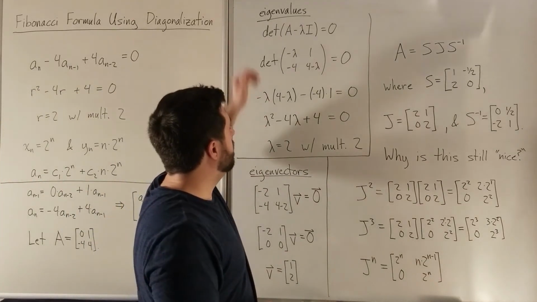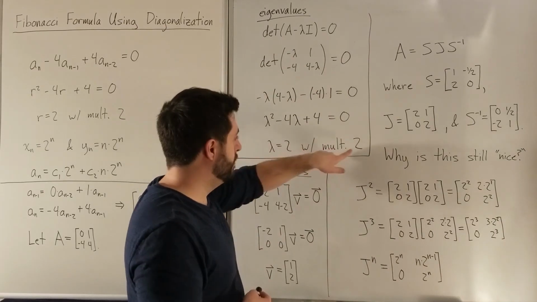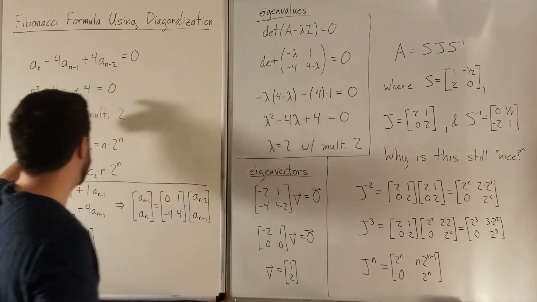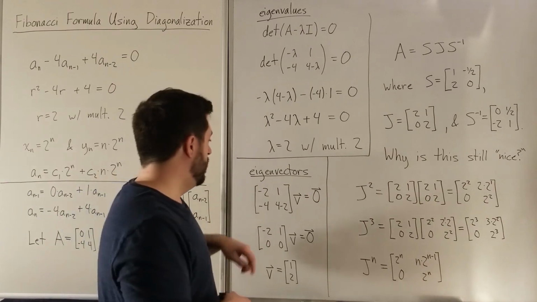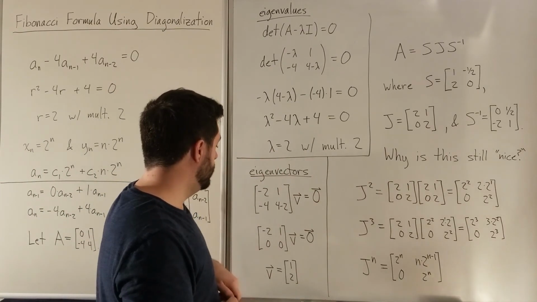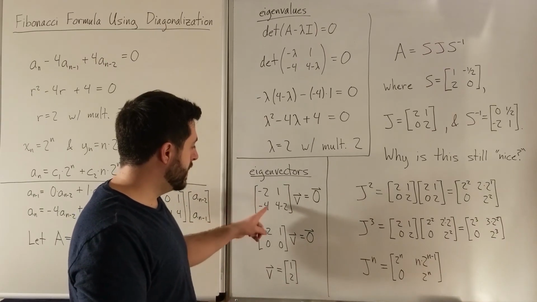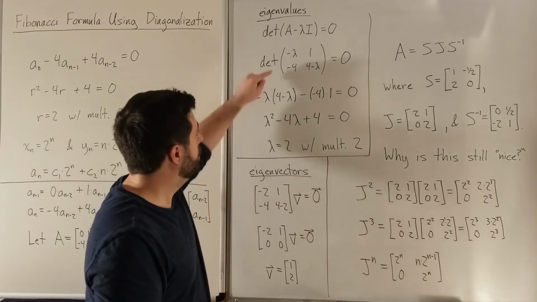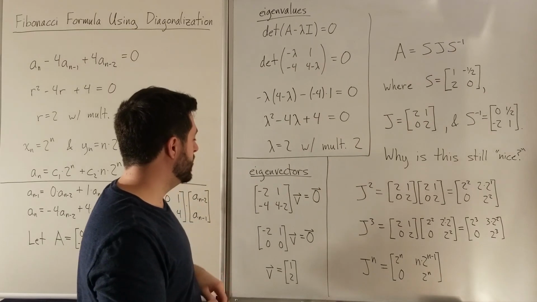Okay, so let's find the eigenvalues of A. The eigenvalues of A are 2 with multiplicity 2 because the characteristic equation is exactly the same as the auxiliary equation over here. The eigenvector corresponding to lambda equals 2 is just this vector right here. So we can do the same trick as before. We have A minus lambda I, where lambda equals 2 is plugged in.